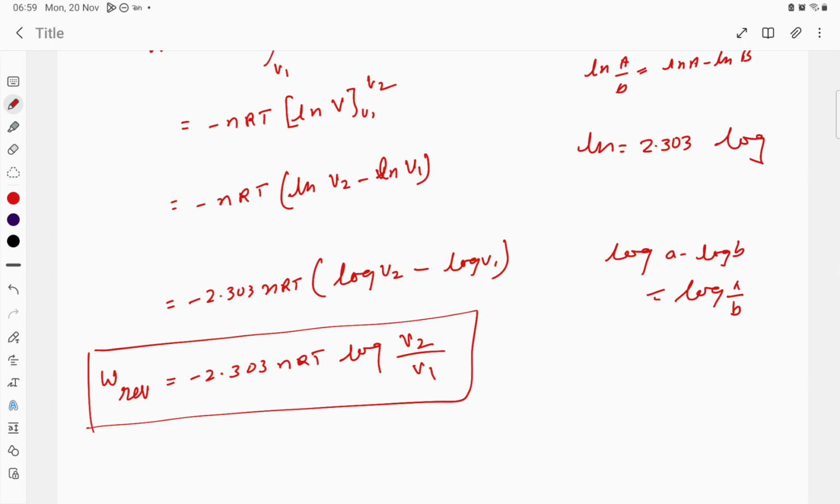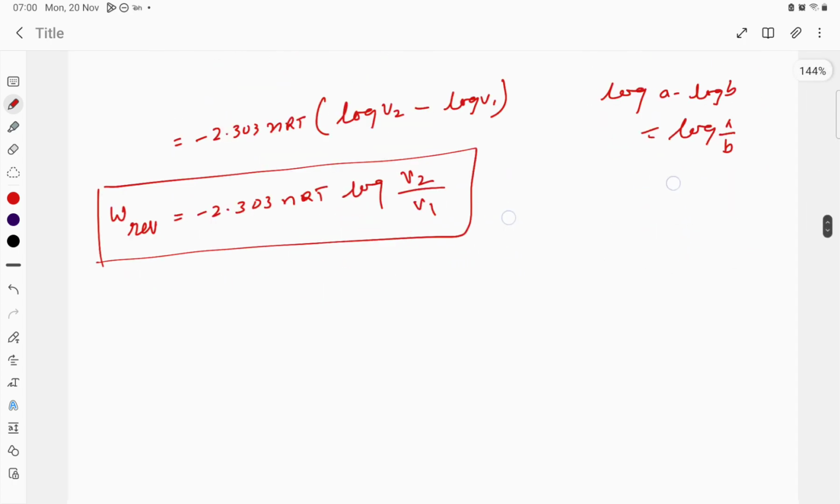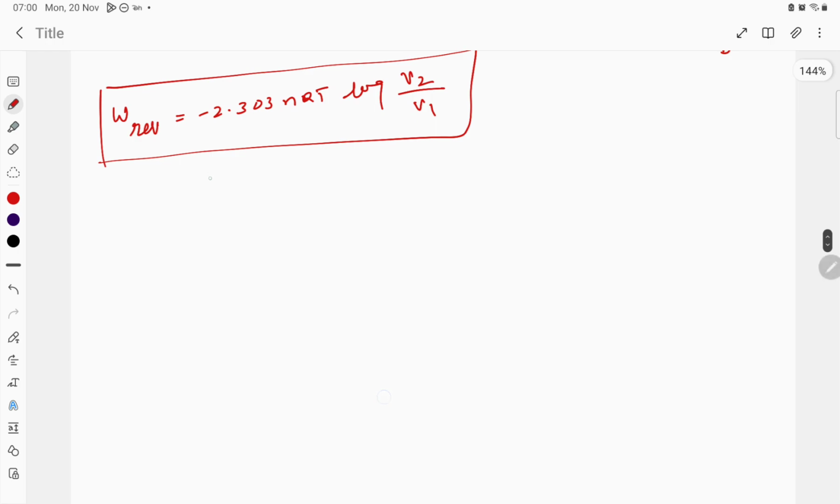Suppose, student, we are finding the same thing in terms of pressure. So P1 V1 is equal to P2 V2, so P1 by P2 is equal to V2 by V1.